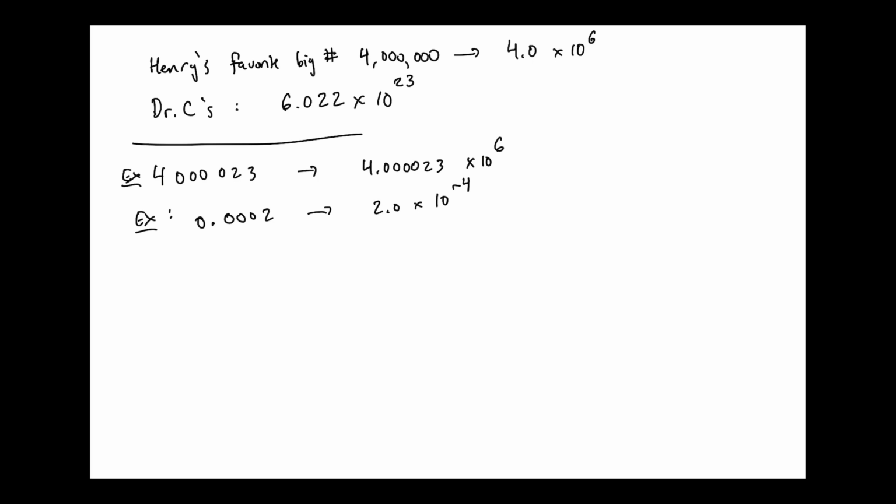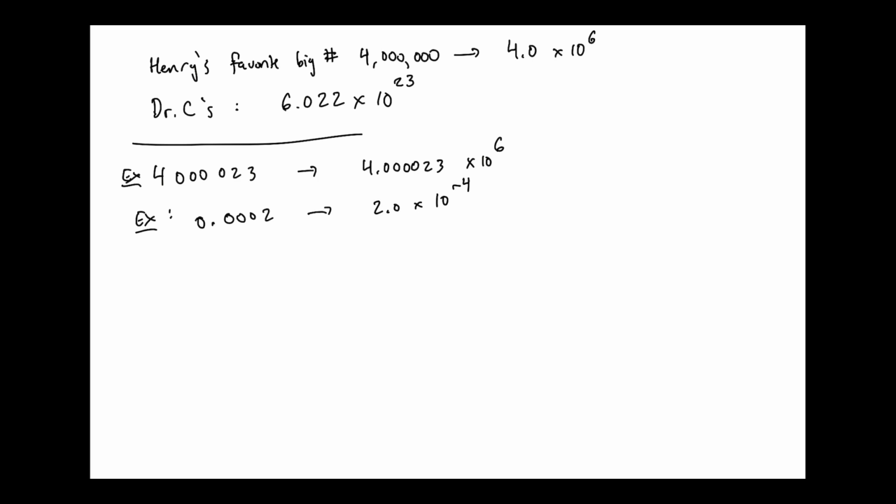If you start with the non-scientific notation number, then moving to the right indicates a positive exponent and to the left a negative. If you're starting with the scientific notation number, it's of course the other way. Okay, so you have to be a little careful which direction you're going.